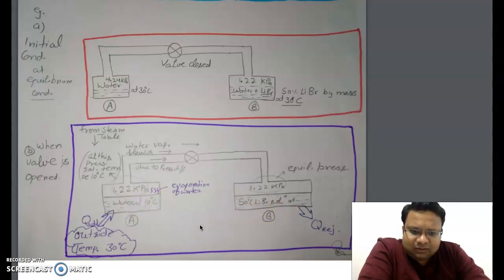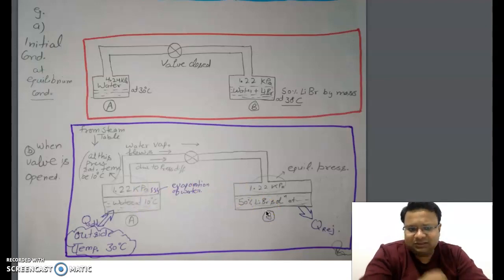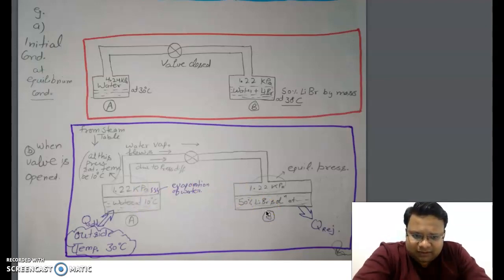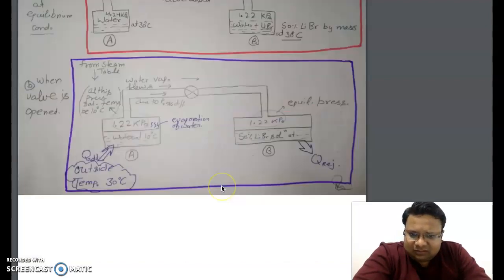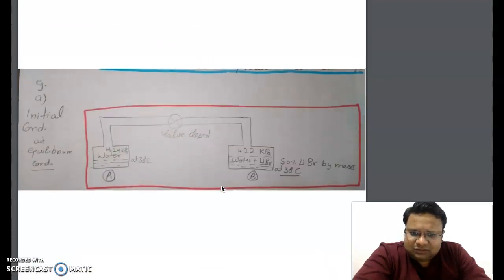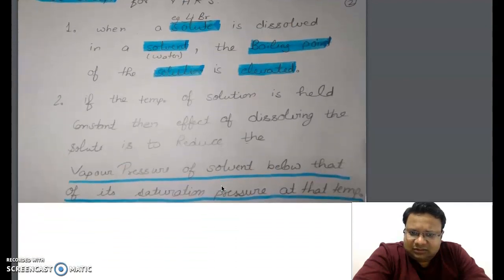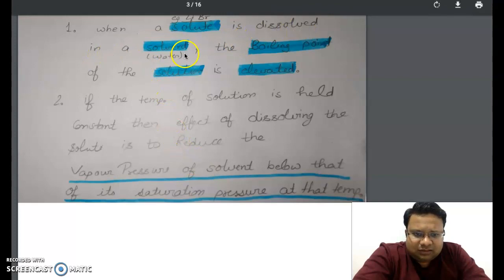So if we want to continue this system, we have to continuously supply water in the reservoir A, and likewise we have to replenish this lithium bromide solution every time. So this was mentioned here: when a solute is dissolved in a solvent, the boiling point of the solution is elevated.